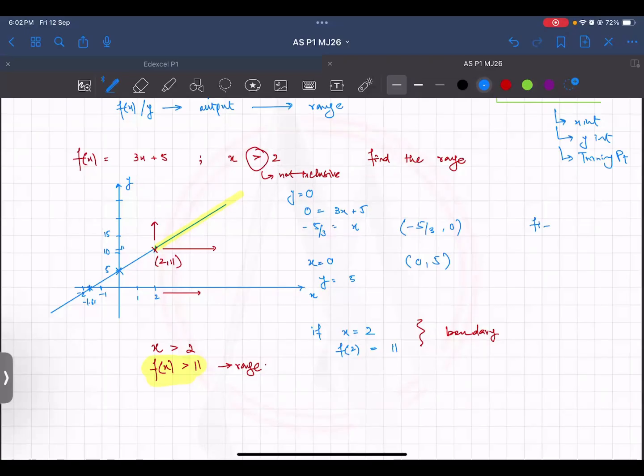So finding range from domain or vice versa, the most logical method is to use the sketch of the function, because the sketch will show you for what values of x you will get what values of y. Do you get this? The question, finding the range through domain, or domain through range.